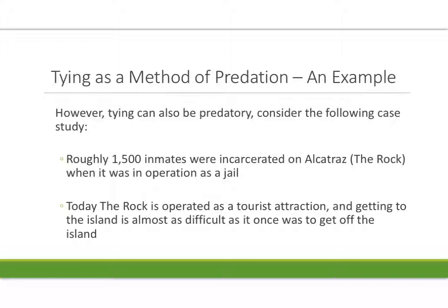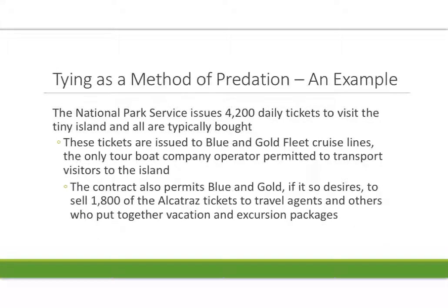When the Park Service was trying to figure out how to deal with this site, they decided that they would outsource at least the transportation component, not so much the tour component, to another company that operated boat tours within the Bay Area. So what the National Park Service did, they issued 4,800 tickets daily.